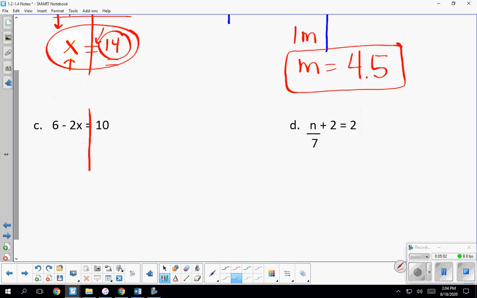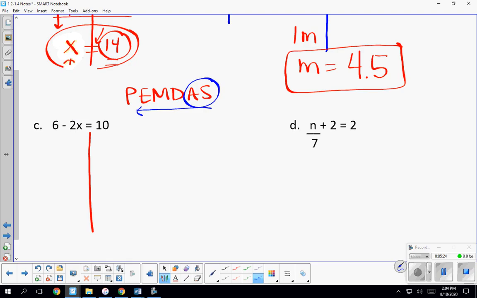Two more examples. In C and D, we have more than one step, so we need to make sure that we're following PEMDAS backwards. When two things are touching one another, like the number and the variable, that means they are multiplying. And multiplication has to be saved for after we've gotten rid of addition and subtraction. So because we're working backwards, we're going to start with addition and subtraction.